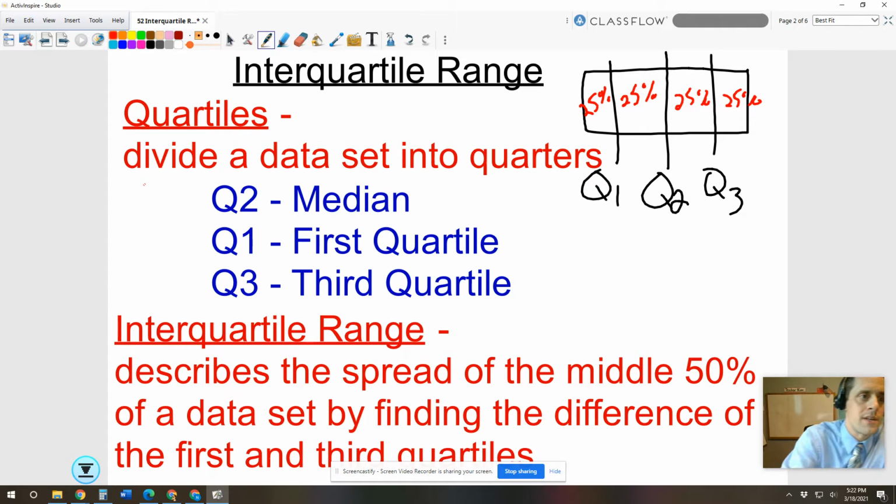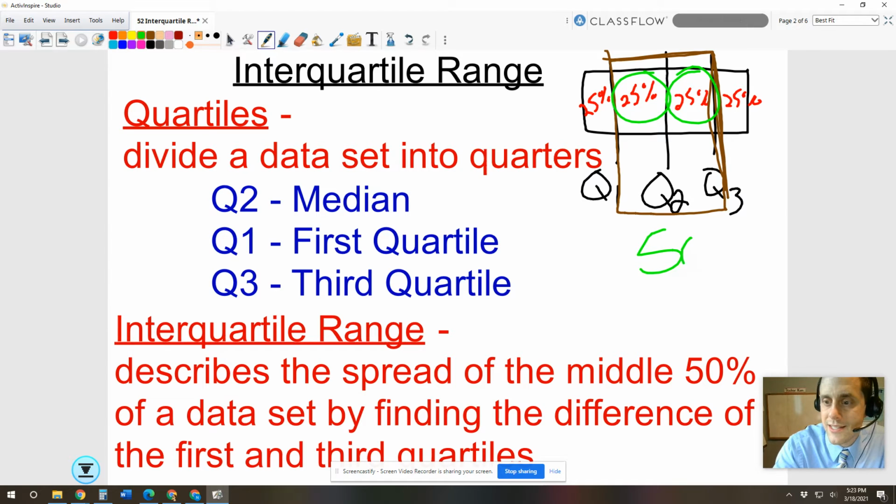Interquartile range wants us to look specifically between Q1 and Q3. Well, how much data is inside of Q1 and Q3? Well, I have this 25 and this 25. So it's essentially the center or the middle 50% of the data. And that's what we are looking at for interquartile range.